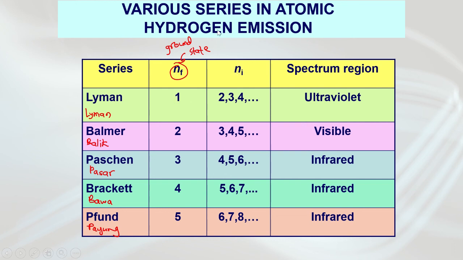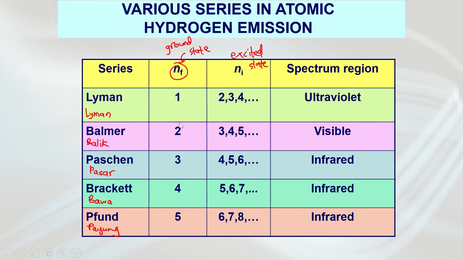So during the emission, the initial position of that electron must be higher than 1. Initial energy level means its excited state. It must be higher than 1 because it needs to fall from a higher energy level to a lower energy level.